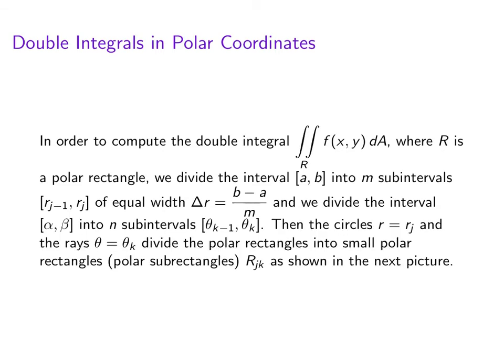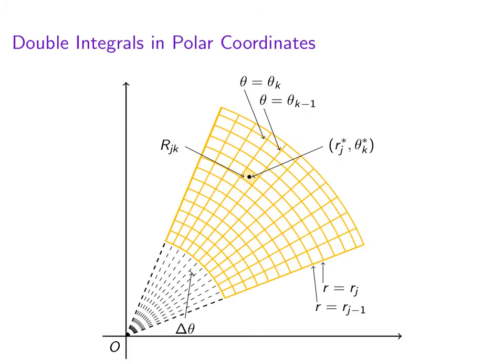Now the circles r equals r sub j and the rays theta equals theta sub k will divide the polar rectangle into small polar rectangles. We can call them polar subrectangles. Here is a division of a polar rectangle into polar subrectangles.